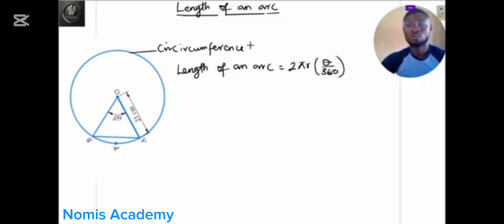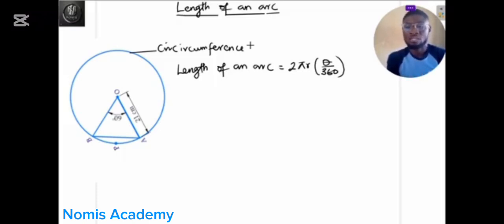So that angle in 360 multiplied by the circumference, that is the total length of the circle, is the length of the arc. I repeat that again: length of an arc is equal to the total length of the circle, which is the circumference, multiplied by the part of the circumference that is cut out by a sector in respect to the angle of the sector.